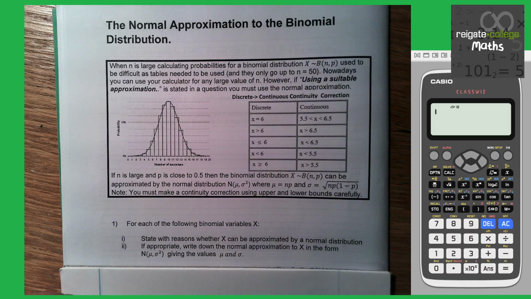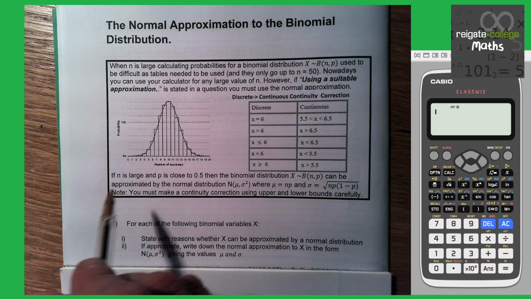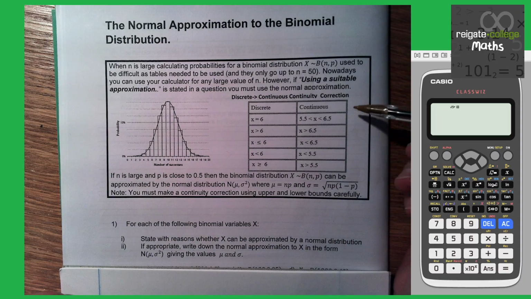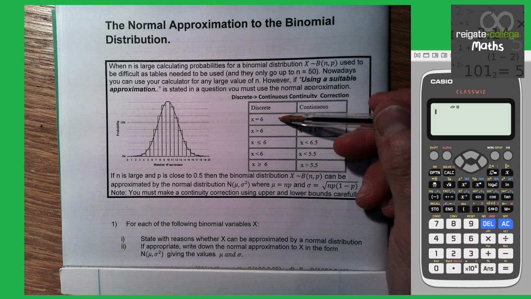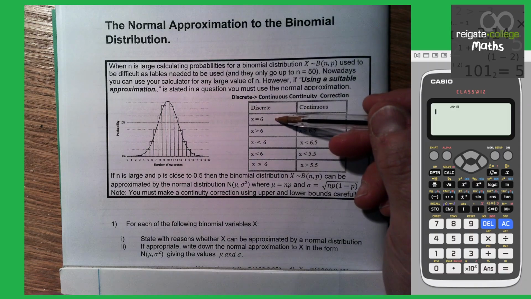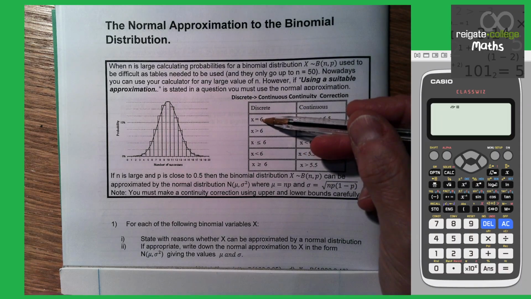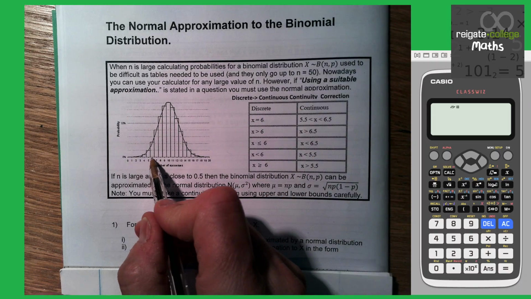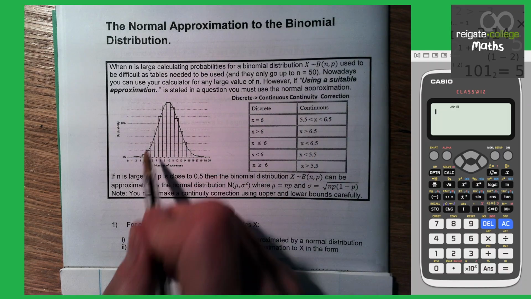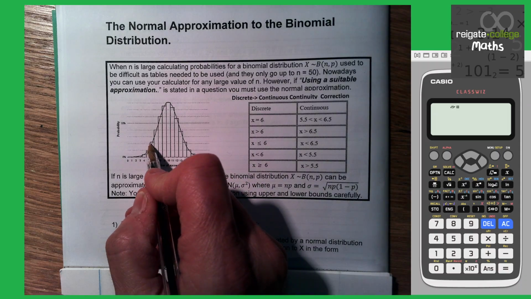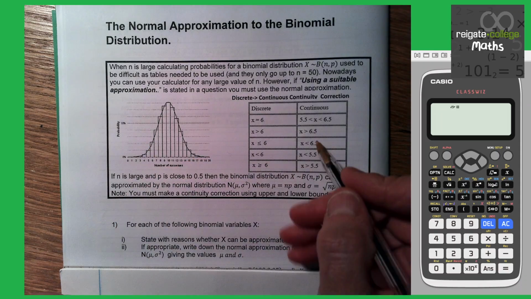What we have to do very carefully is think about what probabilities we want. So for our binomial probability, which is a discrete probability, if we want the probability that x is equal to 6, representing this bar here, we want the normal probability that x is between, basically, any number that would round to 6.